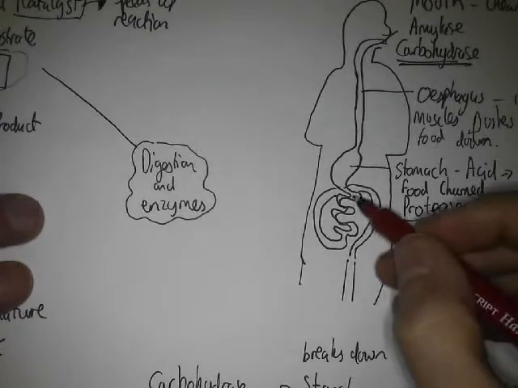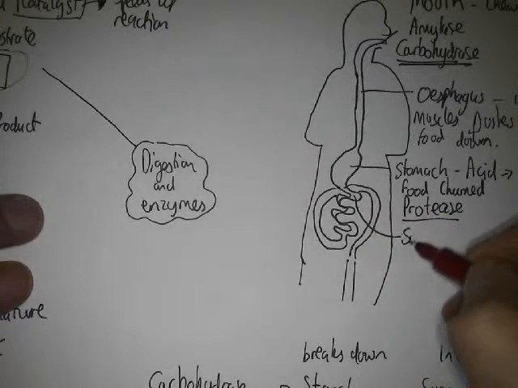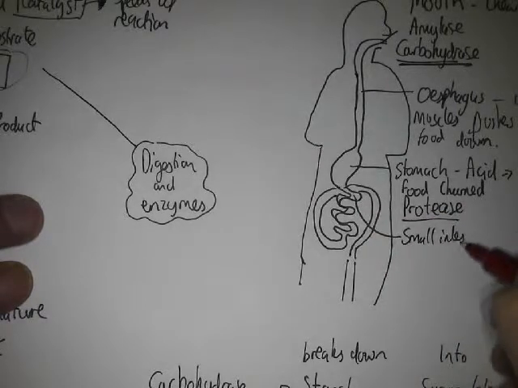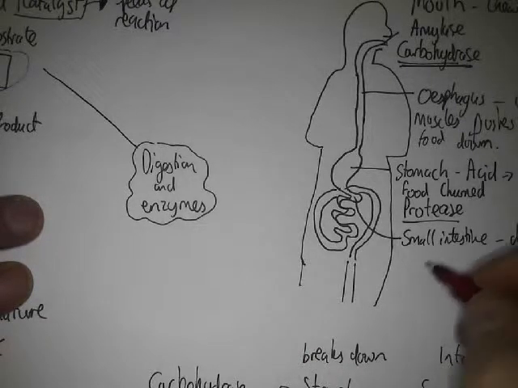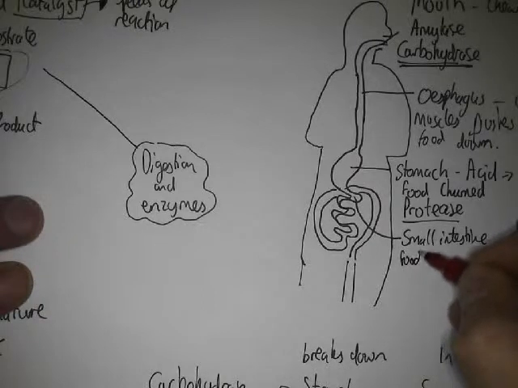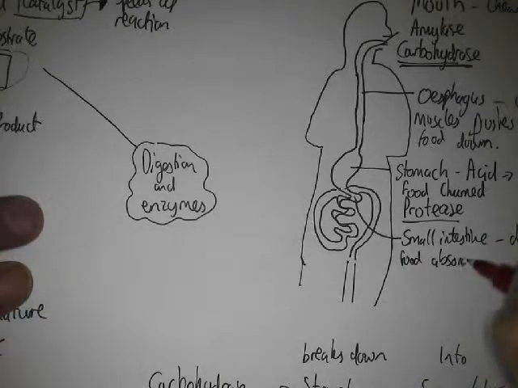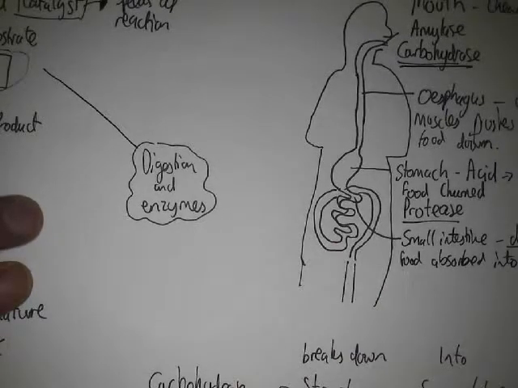Next, this here, small intestine. And this is actually where digestion takes place. So all the things that we want for our body get absorbed into blood. So that's what digestion is, getting the food into our blood.